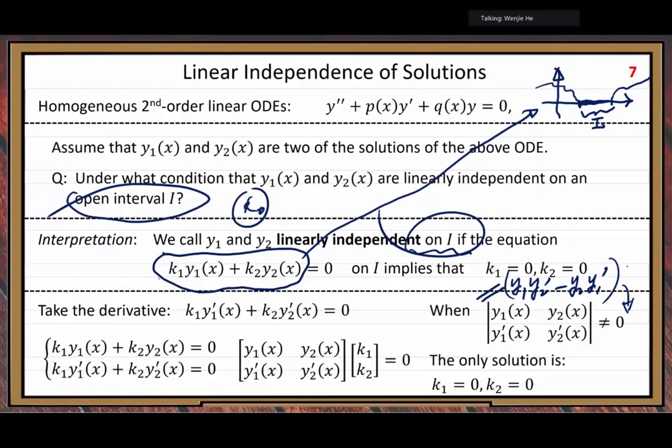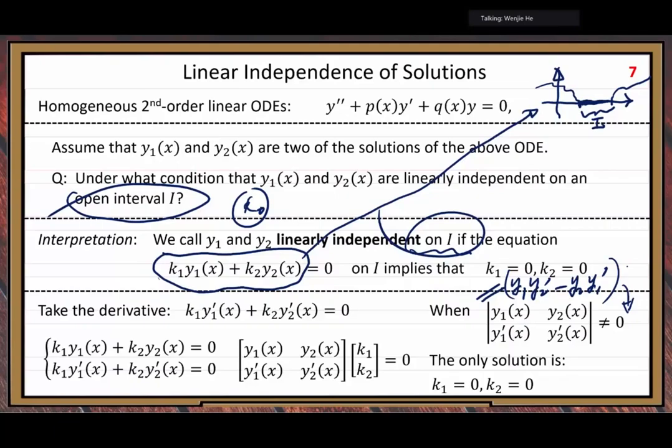When we apply this result to linear independence: to tell if Y1 and Y2 are linearly independent, you only need to calculate this determinant.